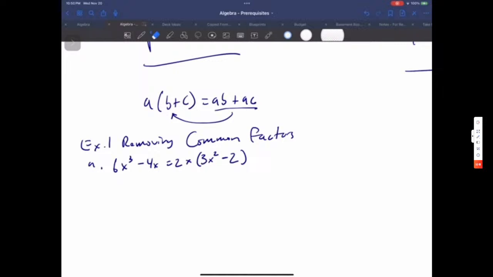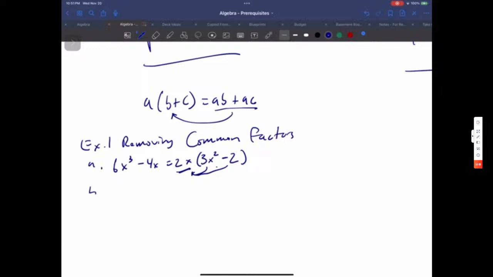Very simple there. But you'll hear me, at least, and probably others, say pulling it out. We pulled out a 2x from here, because you pulled out a 2x from this term, and you pulled out a 2x from that term. It's the same as dividing out or factoring out. Those things all mean the same thing.